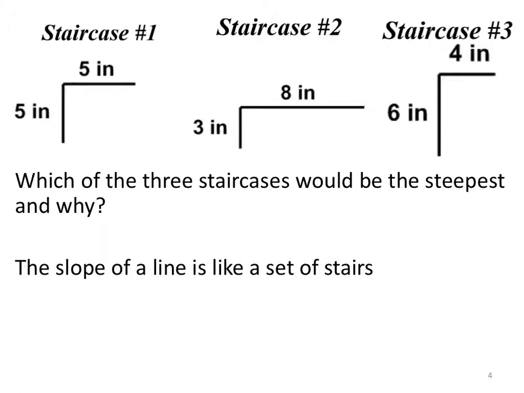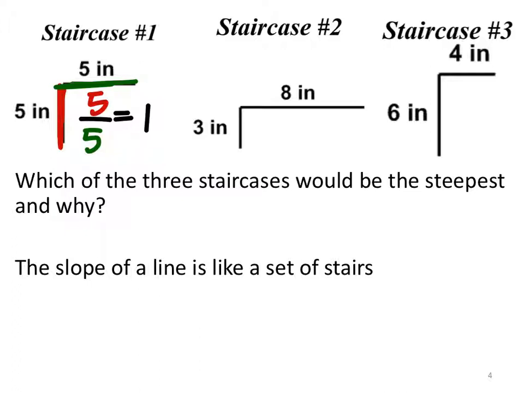But if this is brand new to you, just understand that it's always the vertical compared to the horizontal measurements, all right? So for example, staircase 1 would have a slope of 5 compared to the 5 inch length, which would simplify into 1. Now you can make that 1 over 1, that's fine.